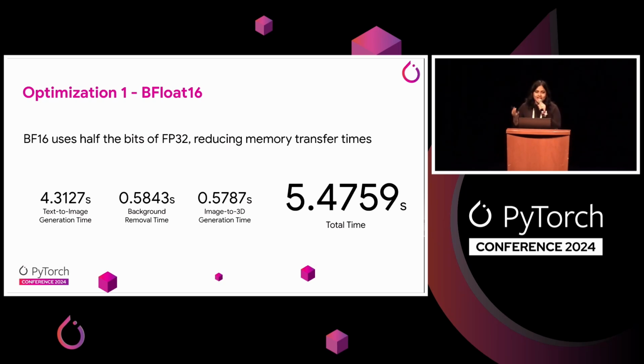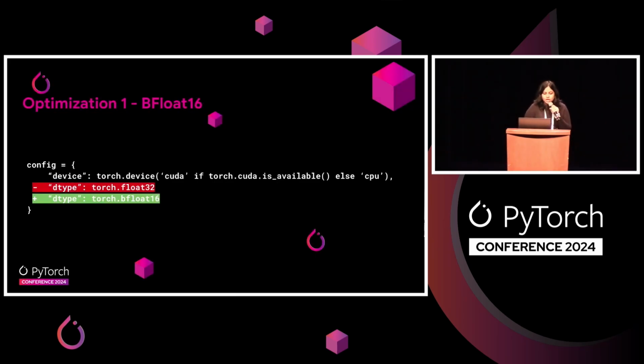The standard IEEE format is 1 sign bit, 8 bits for range, and 23 bits for precision, whereas BF16 uses 1 sign bit, 8 for range, and 7 for precision. So that's half of FP32, and hence takes less time. Those are the different times that we benchmarked for the different processes and the total time. The simple code change that we did was change the dtype from float32 to torch.bfloat16.